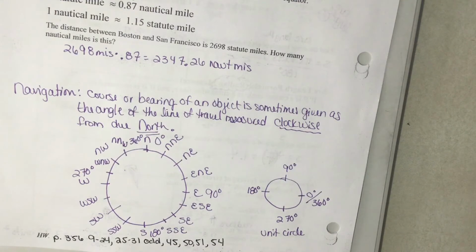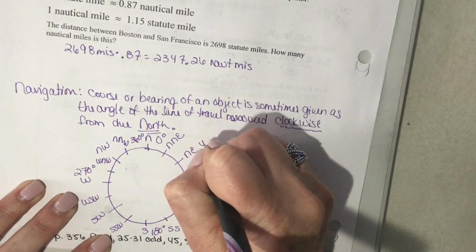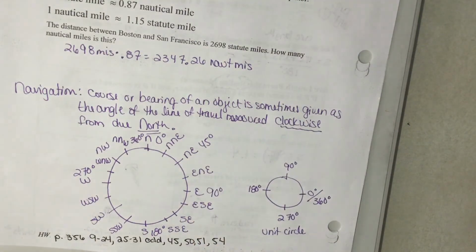Okay, so here's a question that I could very easily ask you coming next week. What is the degree measurement at northeast? 45 degrees. What is the degree measurement at east-northeast? What did you say?